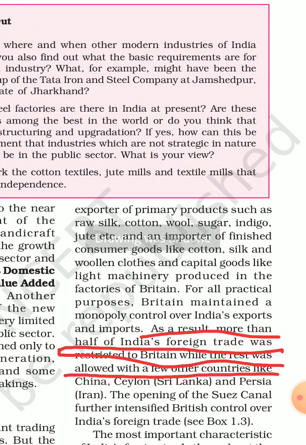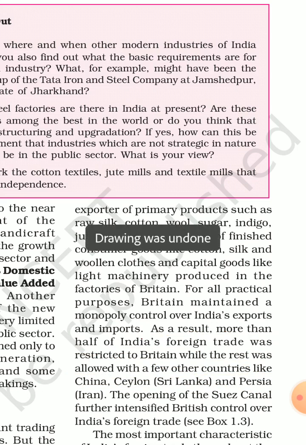So what happened due to the monopoly? The Britishers restricted more than 50% of trade to Britain only.